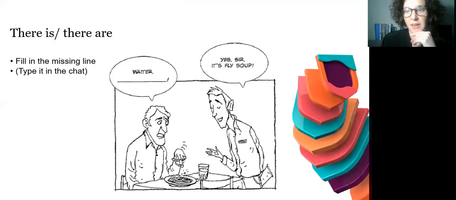Grammar games. For example, look at this way of presenting grammar, but I would call it discovering grammar. So fill in the missing line. Type it in the chat.